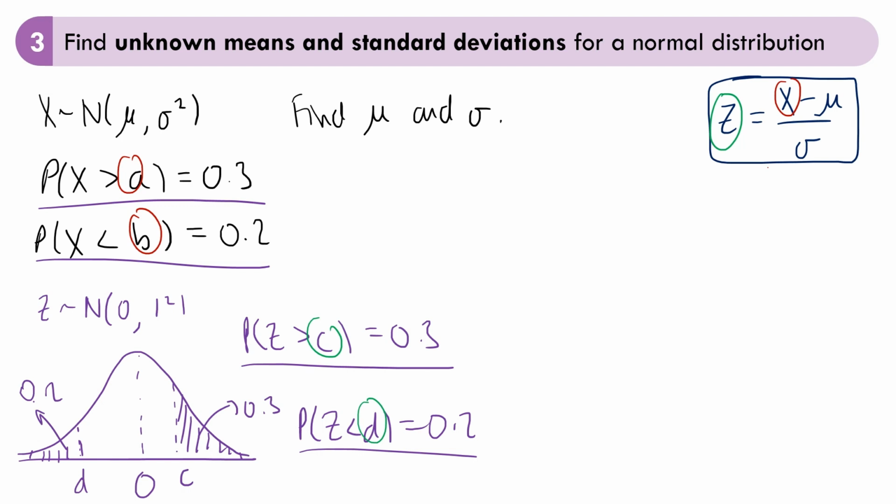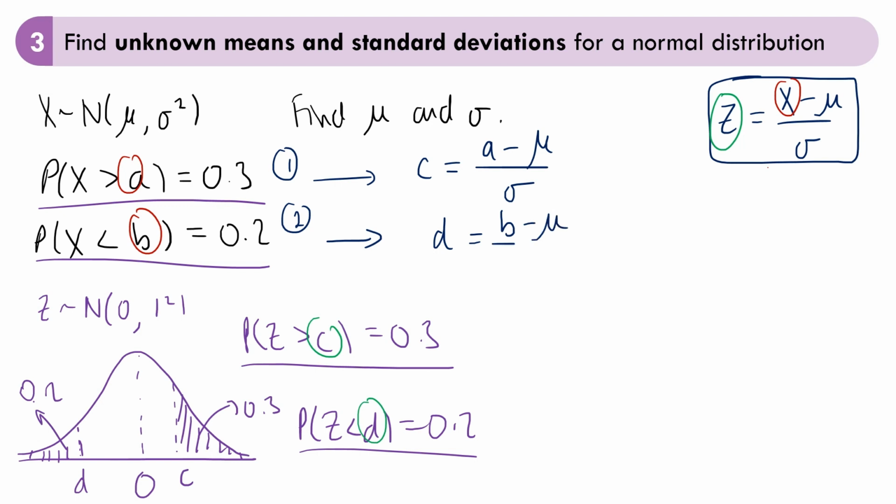So for our first equation here, we have our z value is equal to c, our x value is equal to a, and we have minus mu over sigma, and here we have our d value is equal to b minus mu over sigma. So let's call these equations 3 and 4. We can solve these simultaneously to gain solutions for mu and sigma.